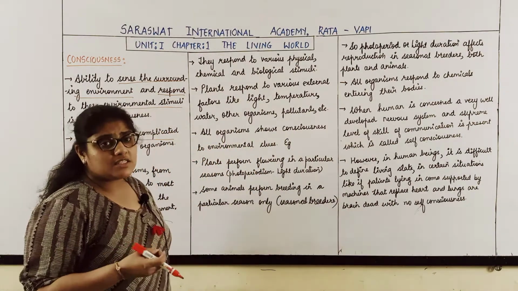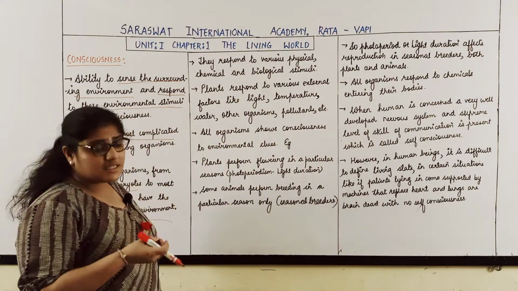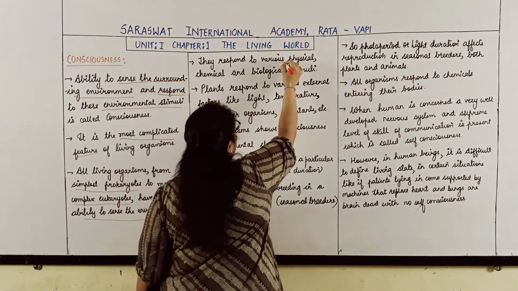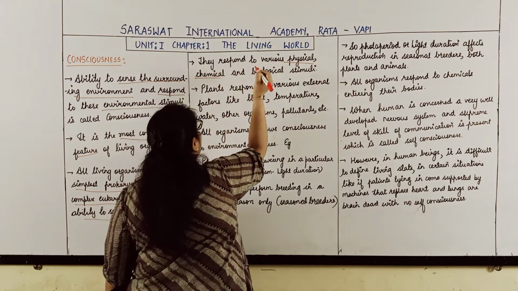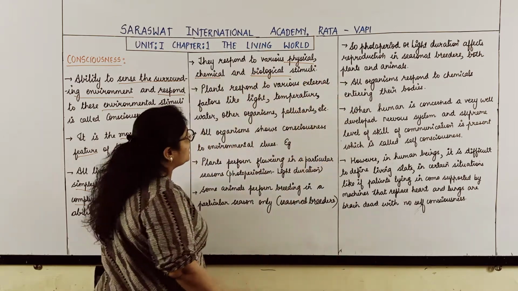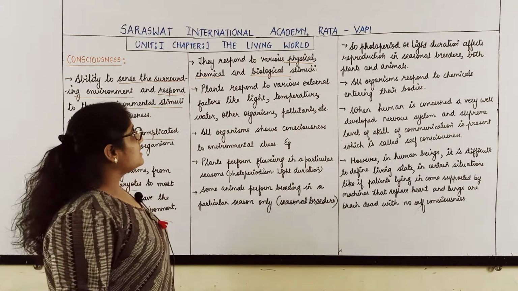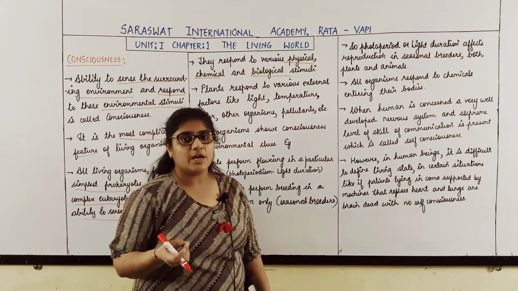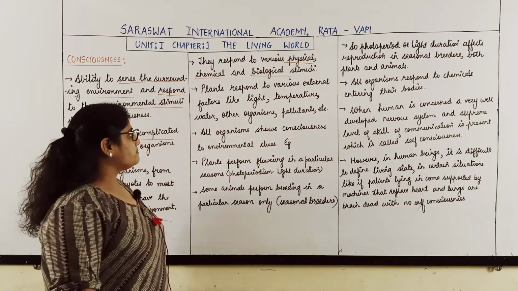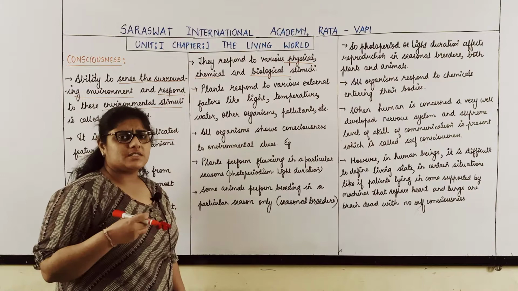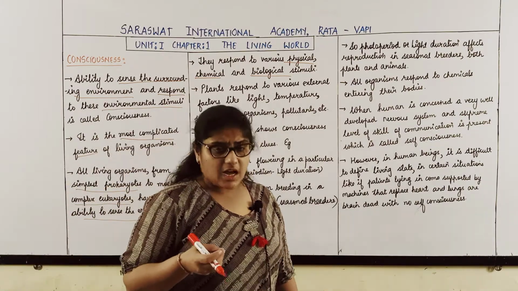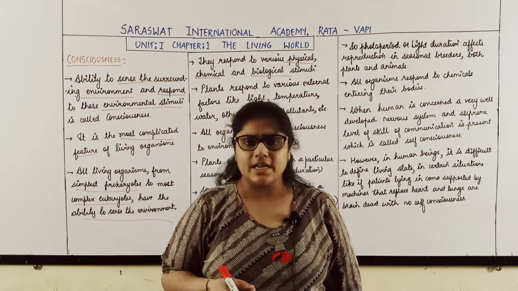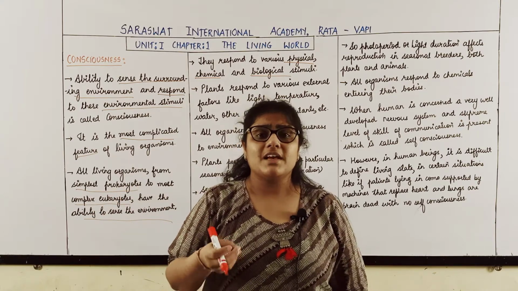Now they respond to various environmental clues. These clues may be physical, chemical, or biological. So living organisms respond to physical, chemical and biological stimuli. Now students, one example of how human beings respond to stimuli: we all have well developed sense organs.